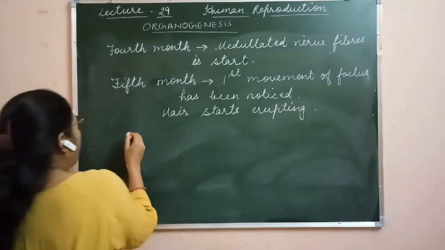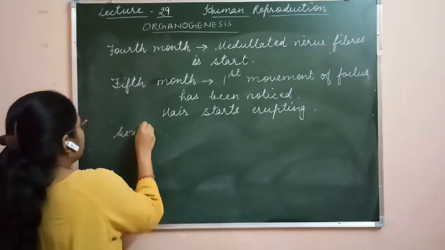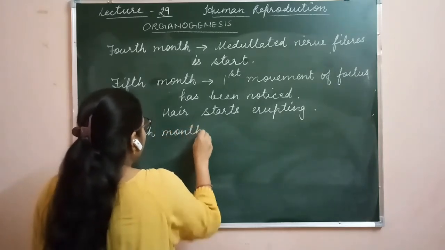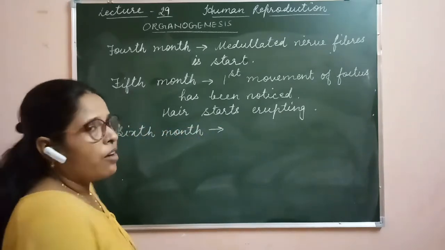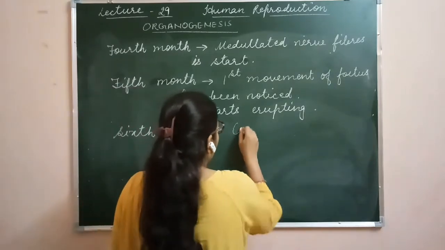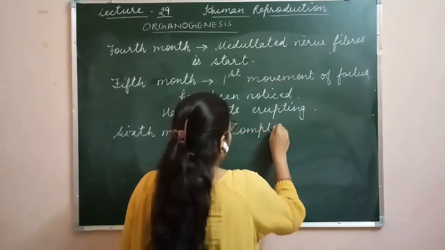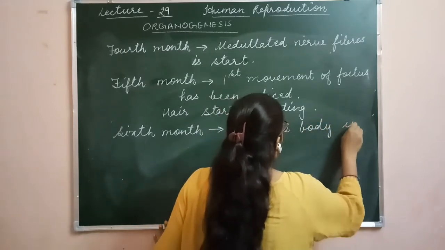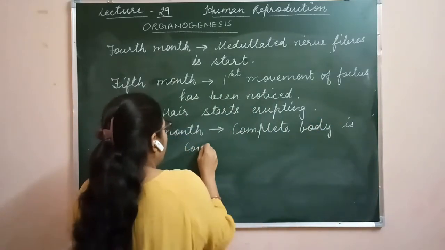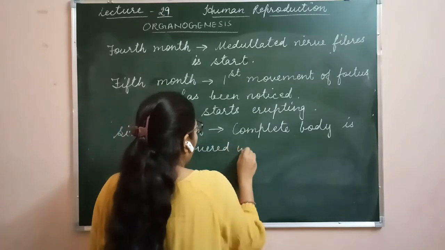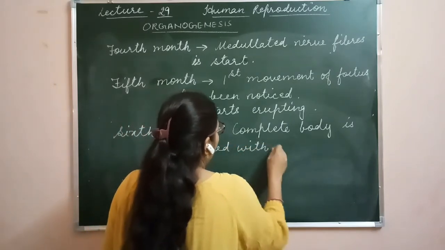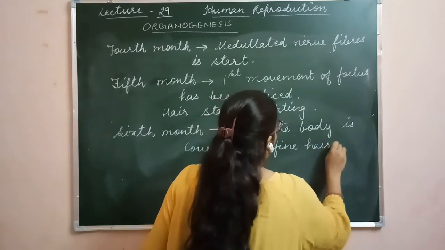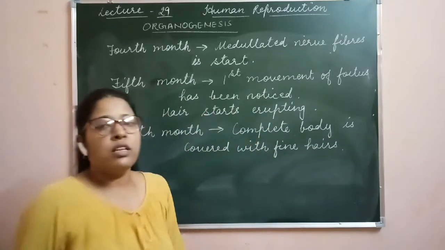At the end of the sixth month of pregnancy, the complete body of the fetus is covered with fine hairs.